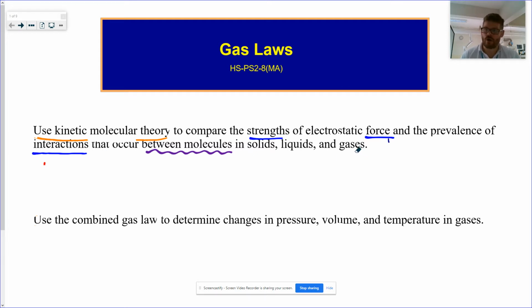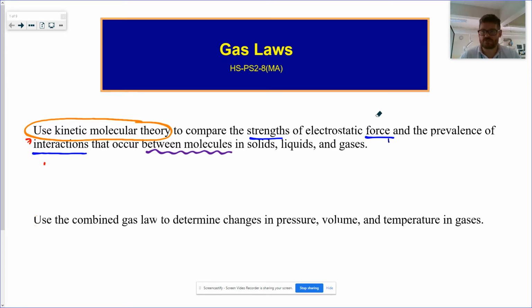So how strong are they holding on to each other? How strong are they pushing away from each other? This is some stuff that we've already learned about. So how are we going to do this? We've been given a tool, the kinetic molecular theory. So we'll probably have to go back and review a little bit about what that is.